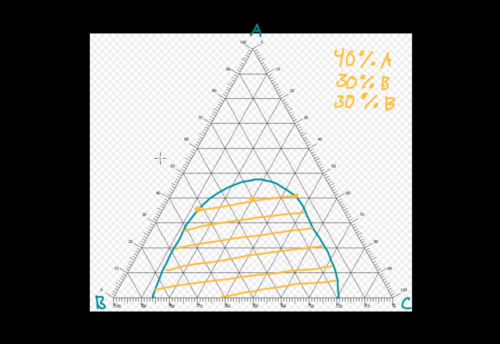So what is the actual composition of this phase? That phase is approximately 52% B, and it was 35% A. So then the last part has to be about 13% C for this one phase.